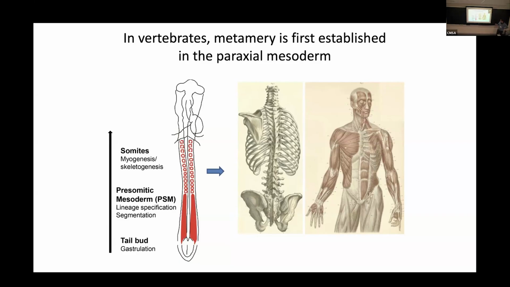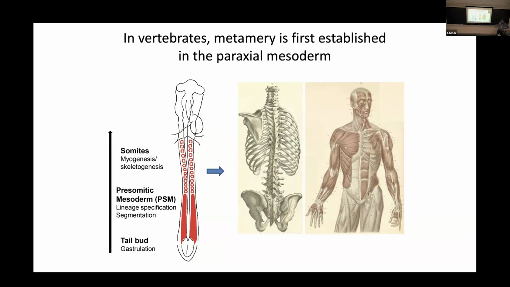So the embryonic segments are called the somites, as I mentioned. They derive from a tissue called the paraxial mesoderm, which is this tissue in red which flanks the axial structures, the future spinal cord and the underlying notochord. The embryonic somites are epithelial spheres in vertebrates that form from a mesenchymal tissue called the presomitic mesoderm.